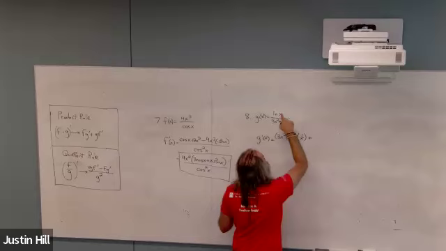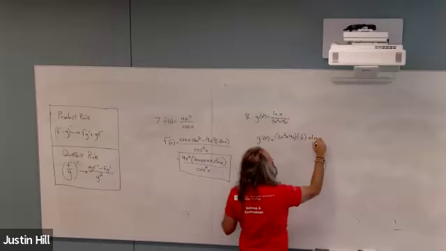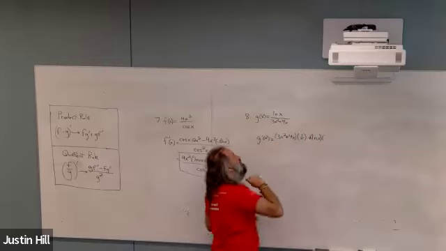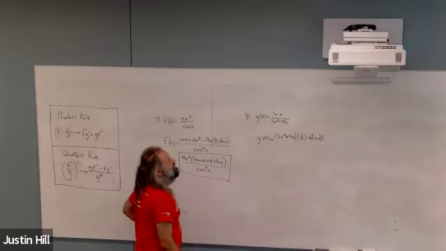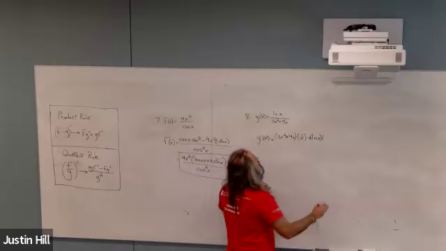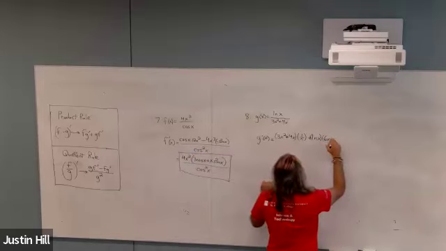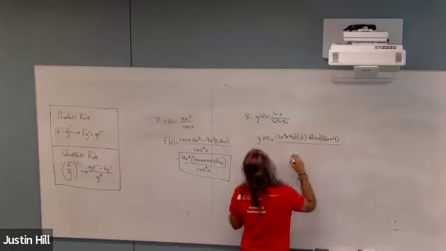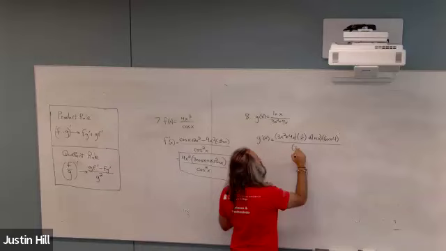Then we add natural log of x times the derivative of 3x squared plus 4x. The derivative there is 6x plus 4. Then we're going to divide this all by 3x squared plus 4x, squared.